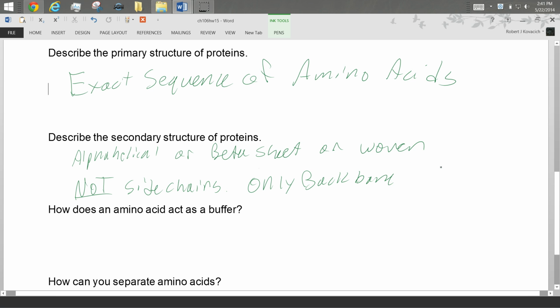And when we say backbone, we're talking about this portion of the molecule only.